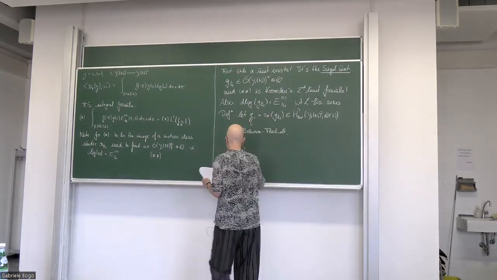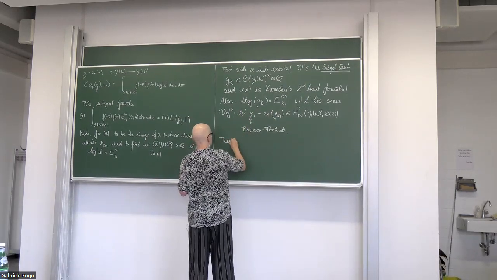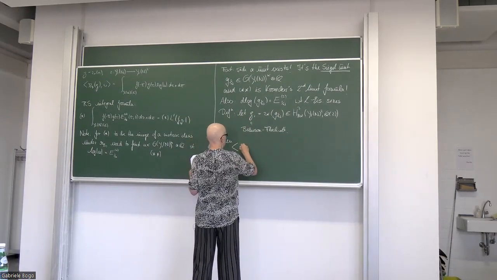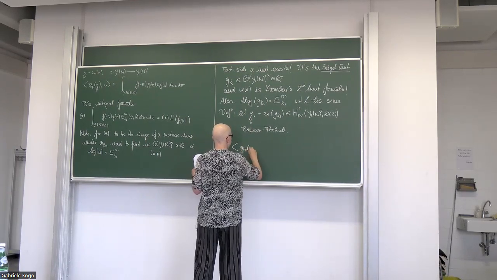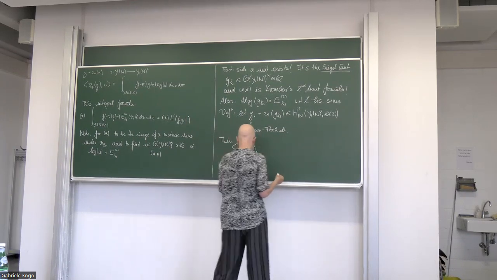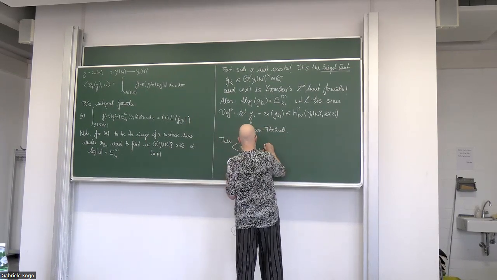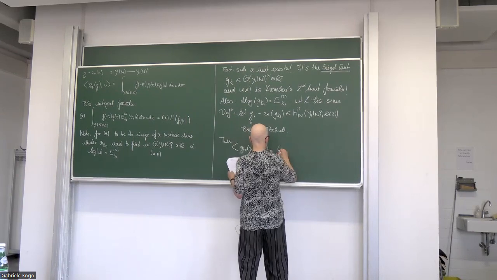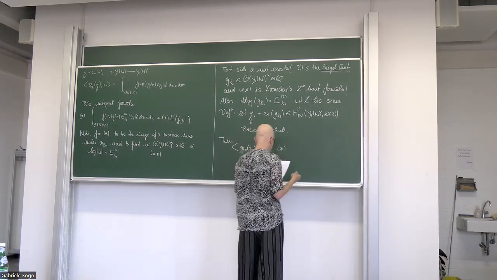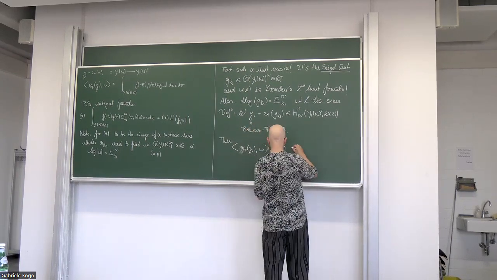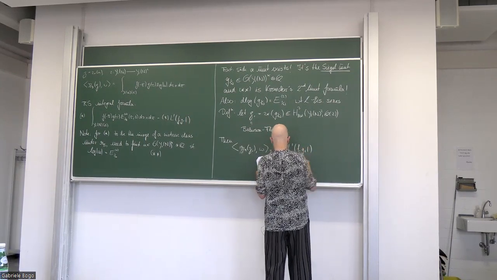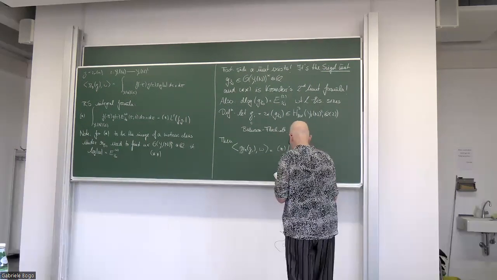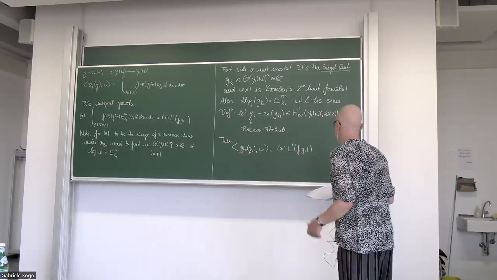So then we look at the image of this class under the Beilinson regulator, and we pair it against our differential. Then this will just be some explicit non-zero factor times L'(f,g).